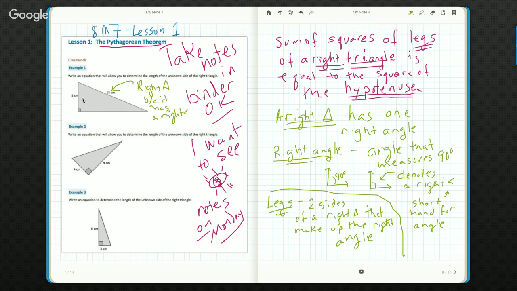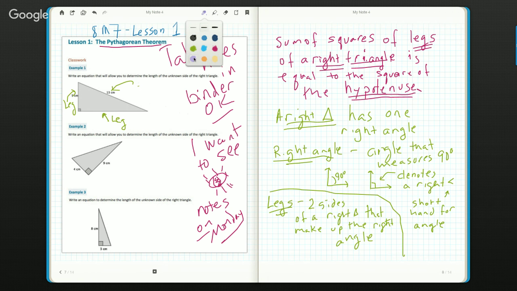So in this triangle over here on the left, this would be a leg and this would be a leg. Now the hypotenuse is the side, and I'm just going to erase a little bit here. I'm going to say that the hypotenuse is the side that is not one of the two legs.